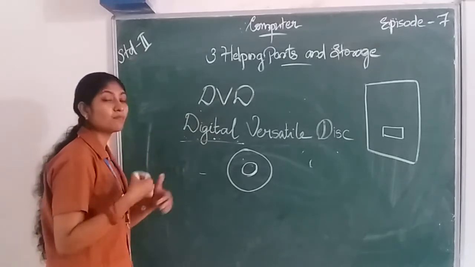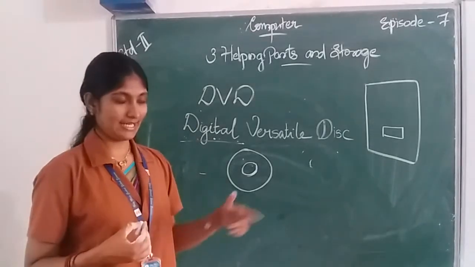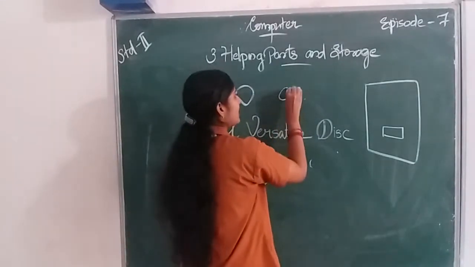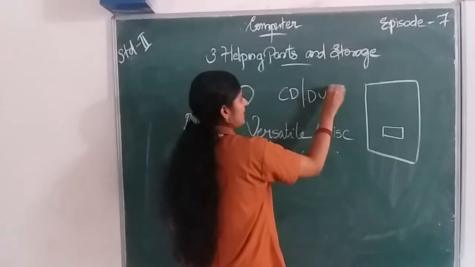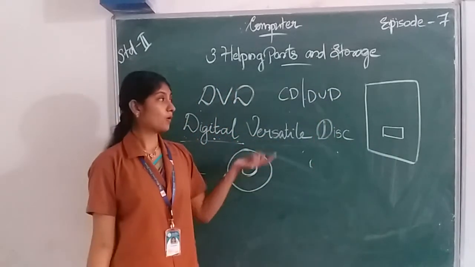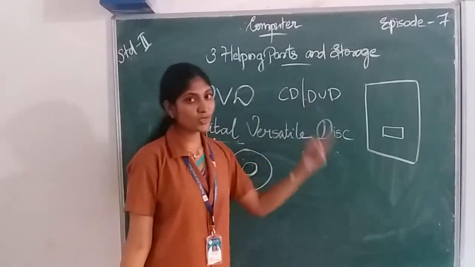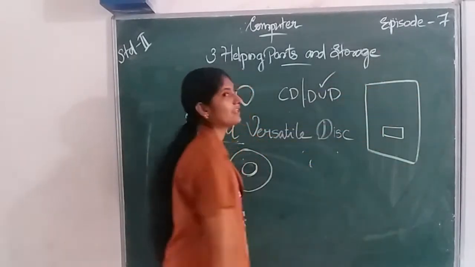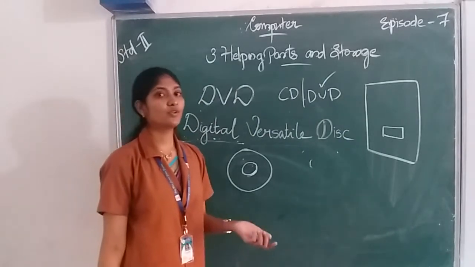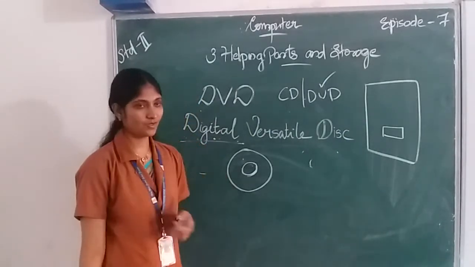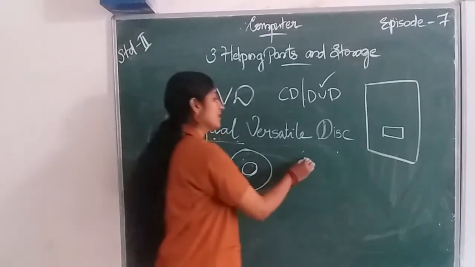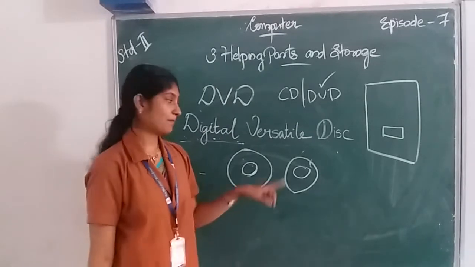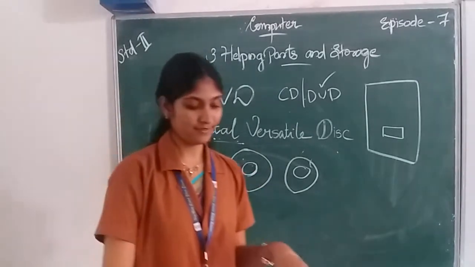That means DVD is better, as it has more space to store data. DVD holds a large amount of data when compared to CD, right? But CD and DVD look almost the same because they are circular in shape and CD has a shiny surface.